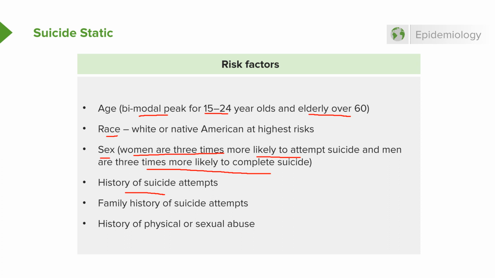So if your patient does have a history of suicide attempts, you want to ask more questions such as what was the attempt, noting whether it was violent or non-violent, and whether it led to their hospitalization or not, whether the patient reached out for help or not, did they write a suicide note, etc. So always consider family history also of suicide attempts.